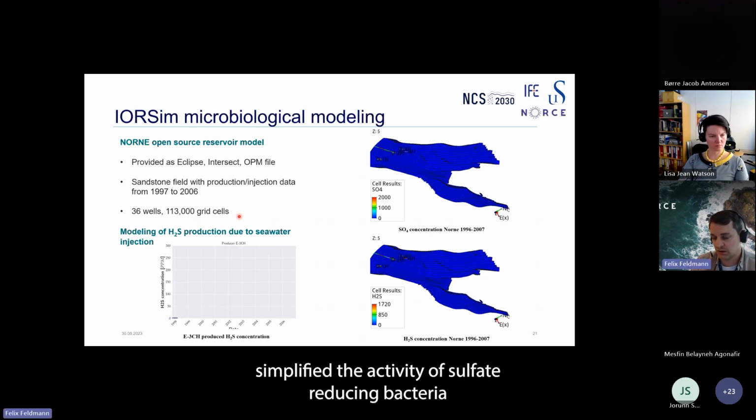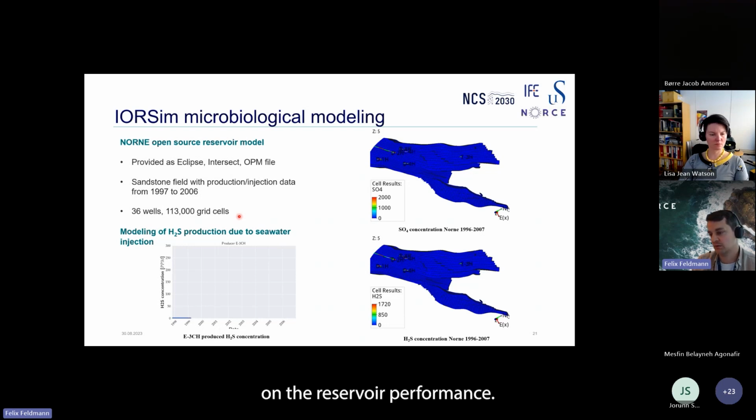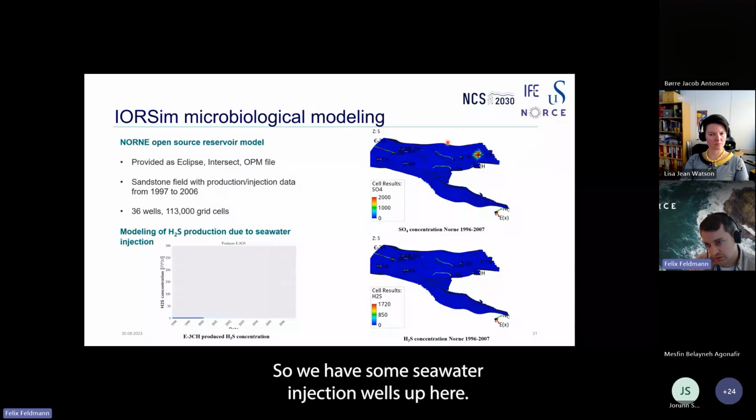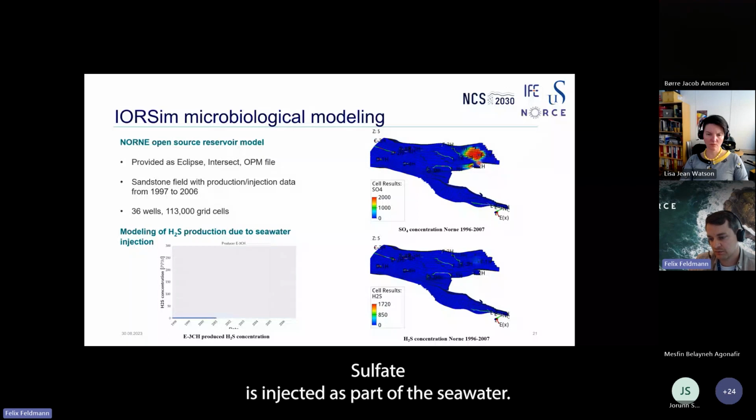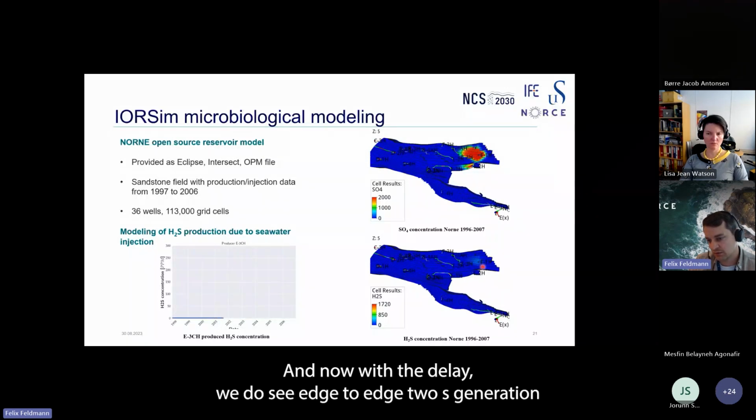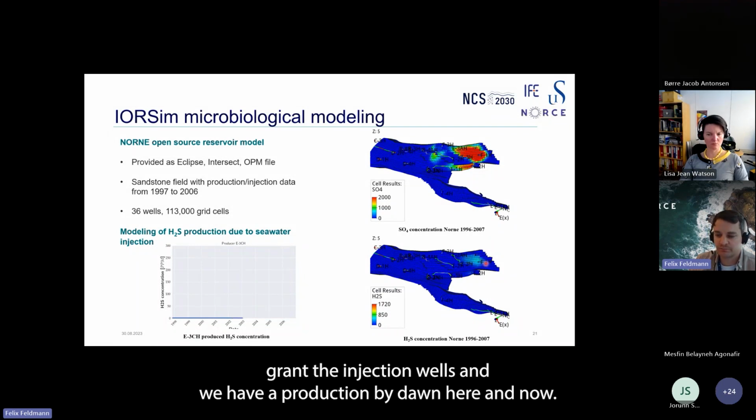simplified the activity of sulfate-reducing bacteria on the reservoir performance. So we have some seawater injection wells up here. Sulfate is injected as part of the seawater. And now with a delay, we do see H2S generation around the injection wells.